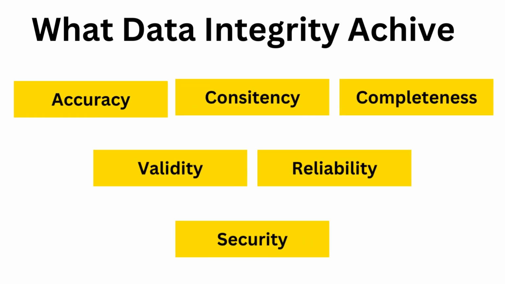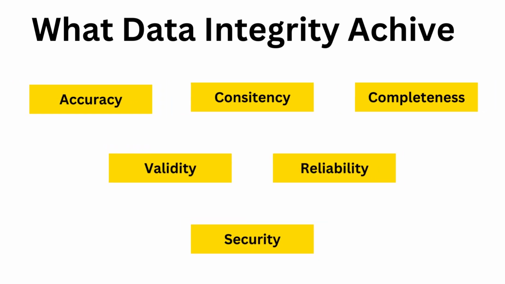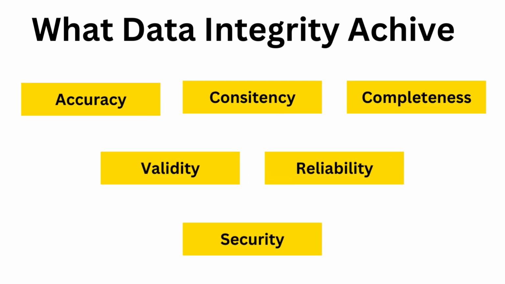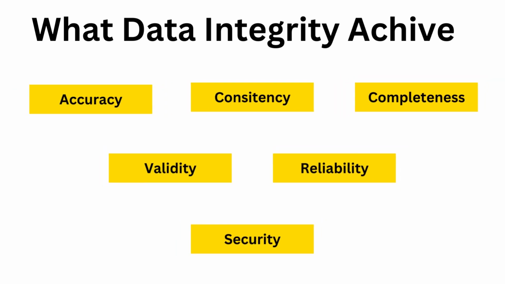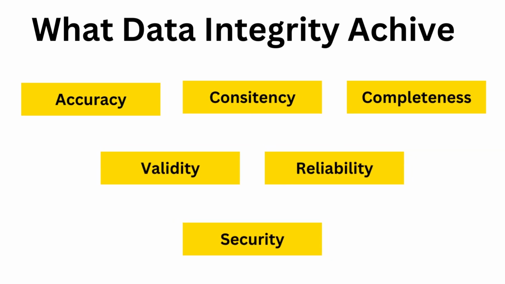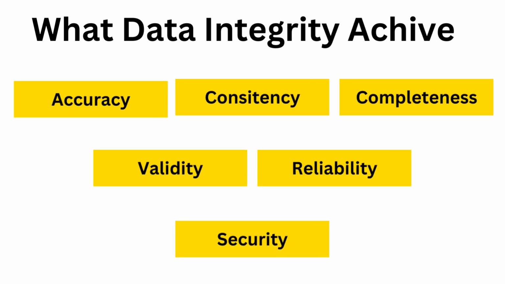Last one, number six is security. Data integrity is closely linked to data security. Some of the exam questions I have seen have asked what is the difference between data security and data integrity. That is very close, but it is different. Adequate measures should be in place to protect data from unauthorized access, modifications, or tampering.